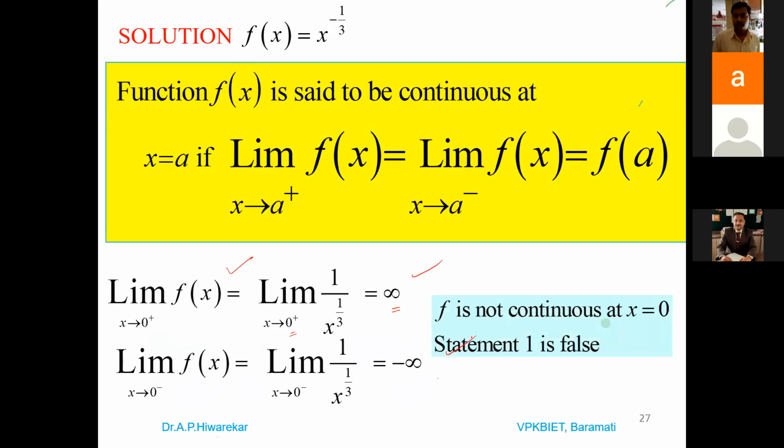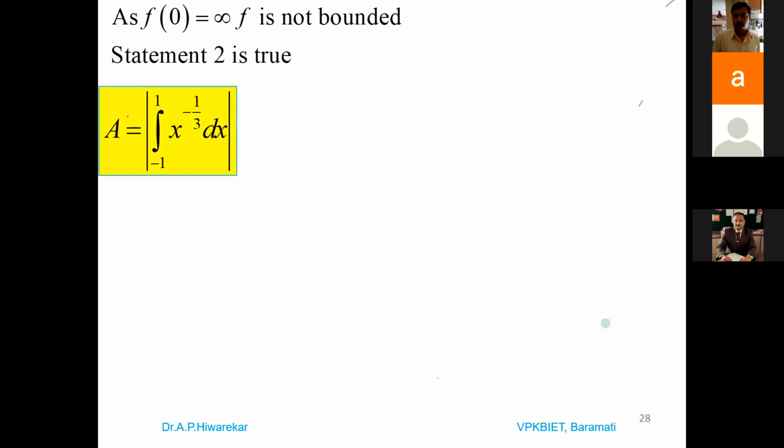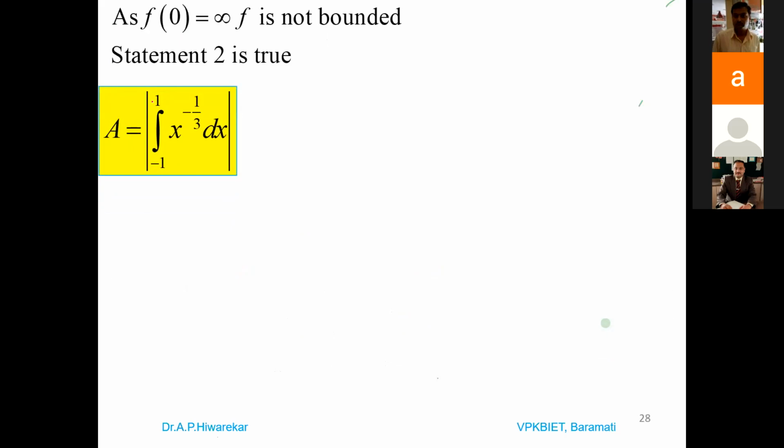So these two limits are not the same, so the function is not continuous. So statement 1 is false. Then f of 0 is obviously infinity, and f is bounded. So statement 2 is true.